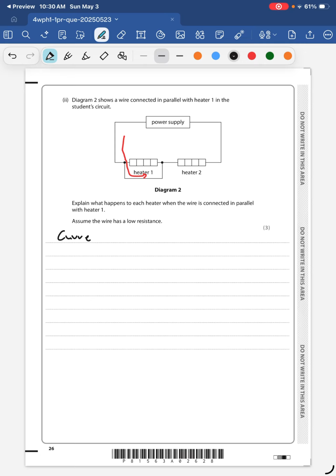So current takes the path of lowest resistance. So all current will go through the wire.